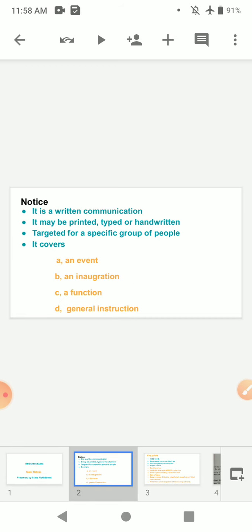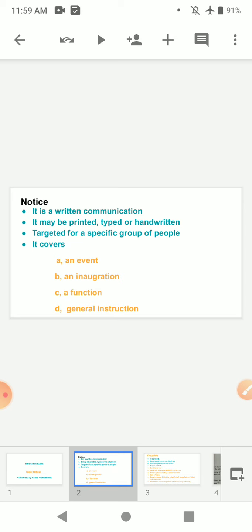So a notice is a written communication. It may be printed, typed or handwritten. We have a targeted audience in our mind, a specific group of people. It covers an event, an inauguration, a function or general instruction.